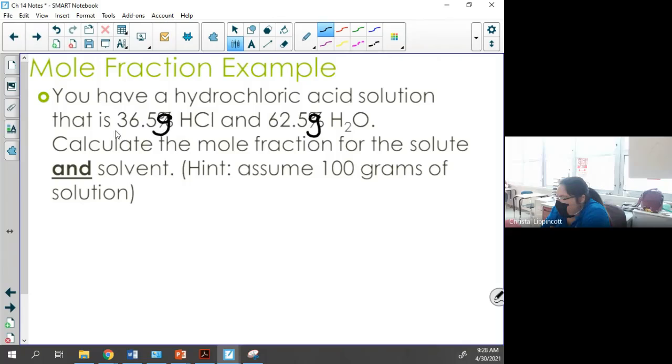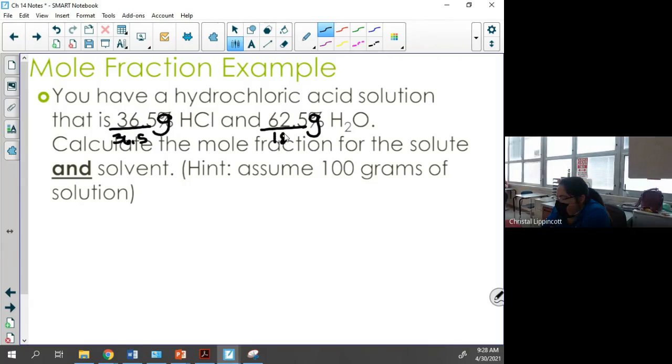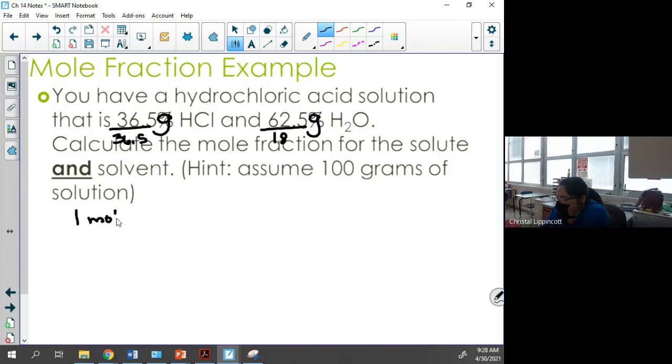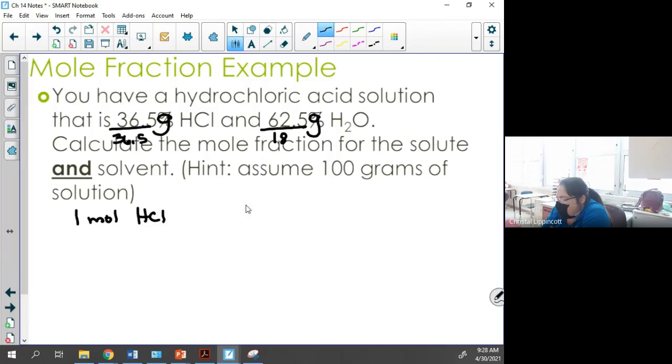So 36.5 divided by 36.5 is going to give me moles of that. And this guy divided by 18 will give me moles of that. So 1 mole of HCl.